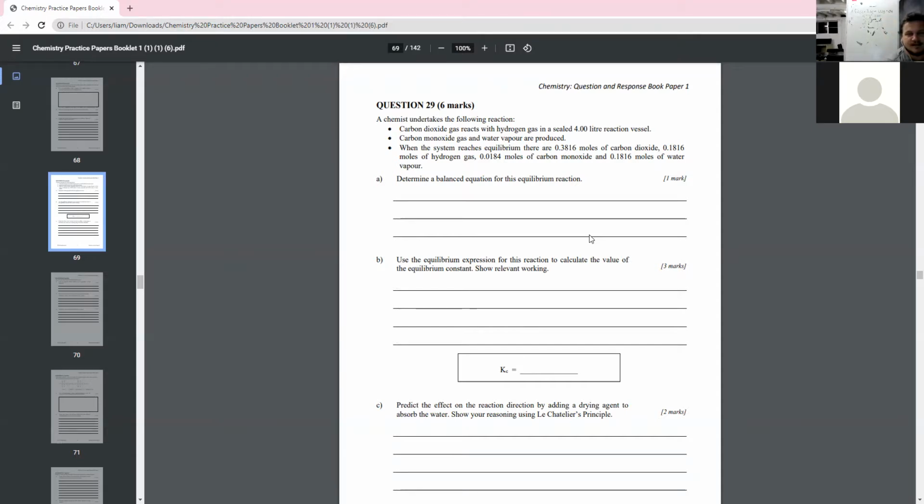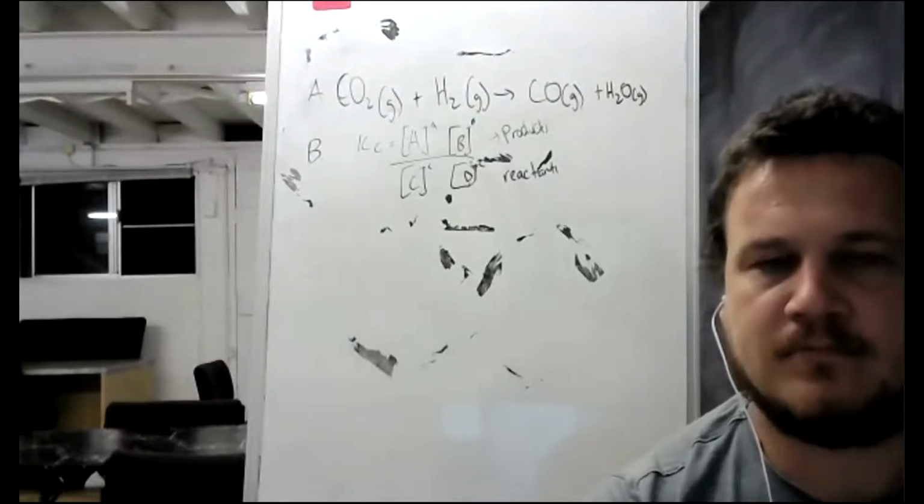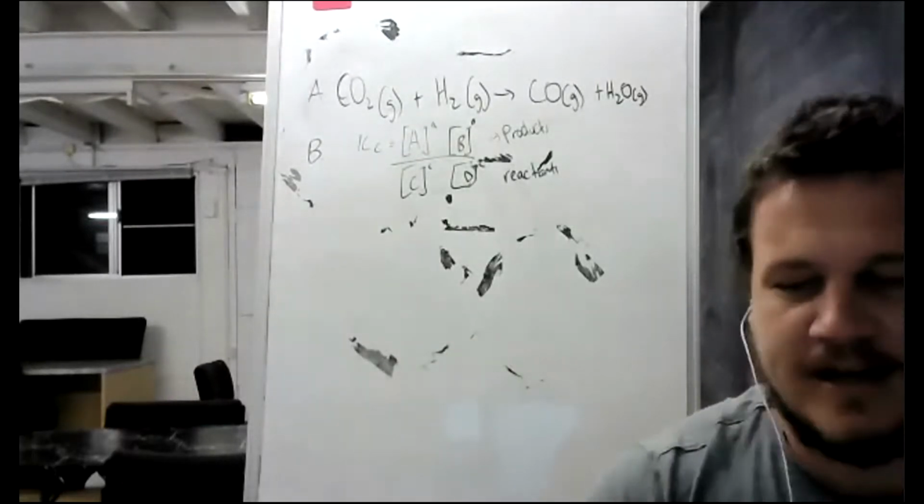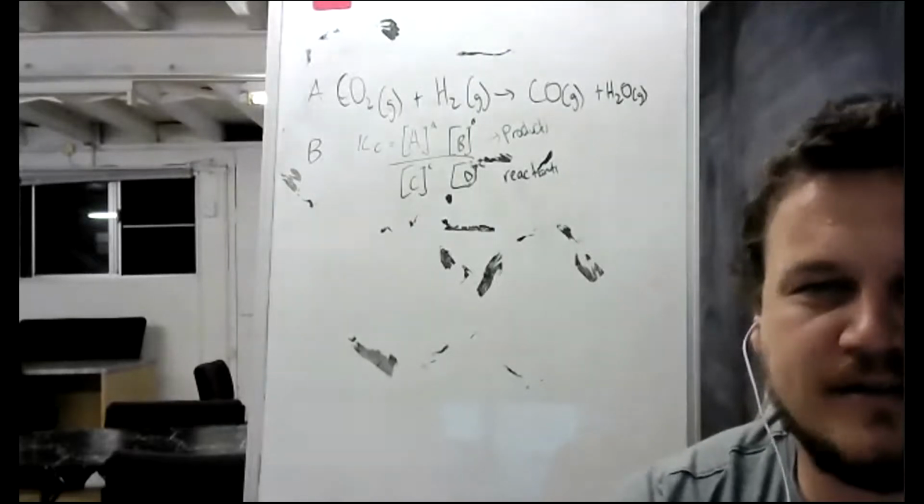This one is nice and easy because the superscript number is just going to be 1. So we're dealing with gases, so the concentration is moles per liter.